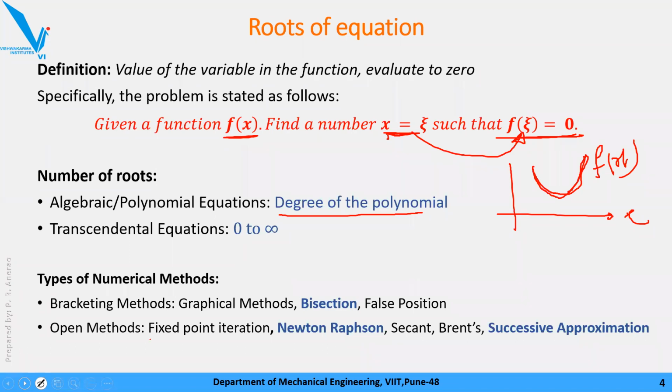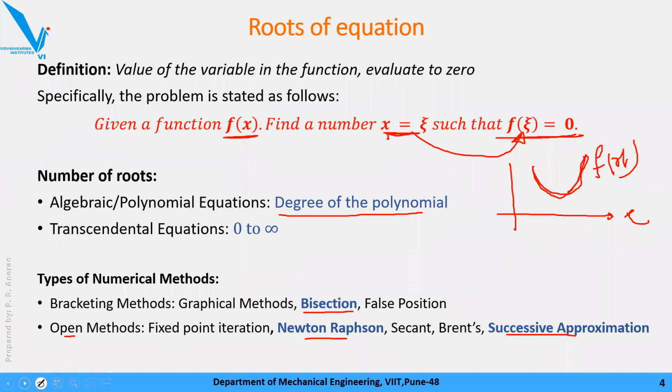So we will focus on three methods for our curriculum. The first one is the bisection method from bracketing, and then for open methods, we will learn the Newton-Raphson method and SAM, or successive approximation method. So in total, for roots of equations, we are going to learn three methods: bisection, Newton-Raphson, and successive approximation method.